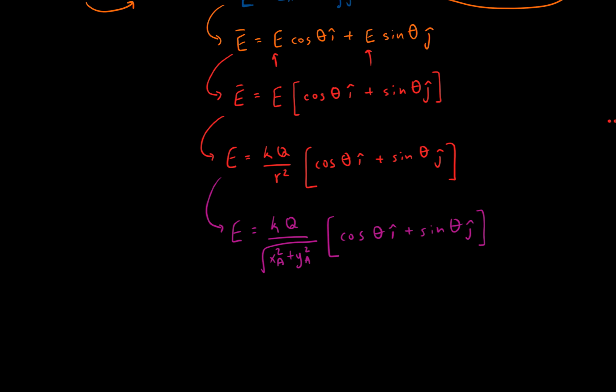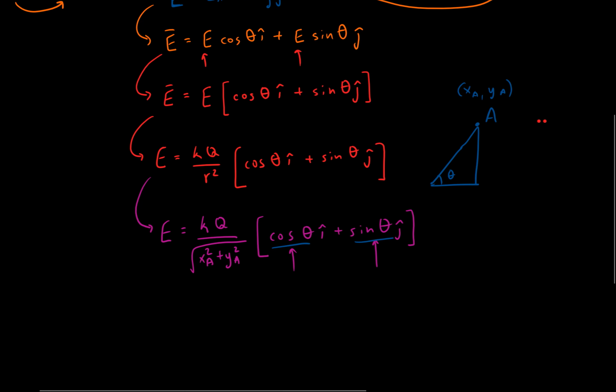We can also do a little more work here too. For instance, cosine theta and sine theta. If we take a look at these two components carefully, if we don't know theta, we can always exploit the fact that we know what point A is, xa, ya, or we could say what the legs of our triangle are, that describes the distance from Q, the point charge, to the point in space A. And it's described by this right triangle.